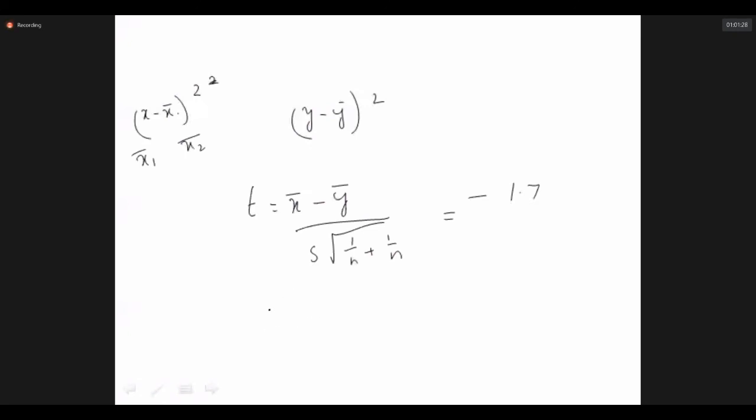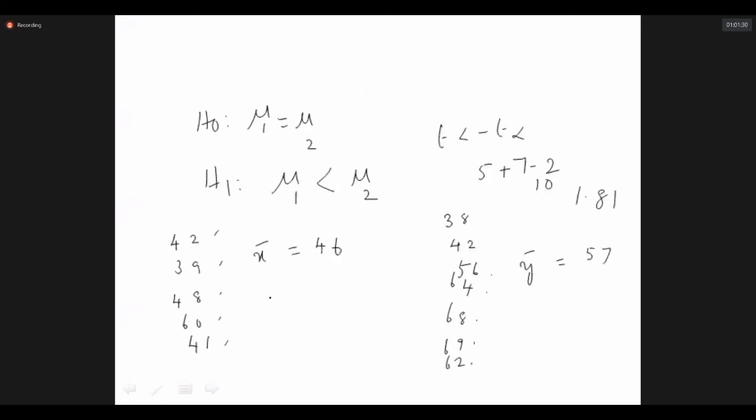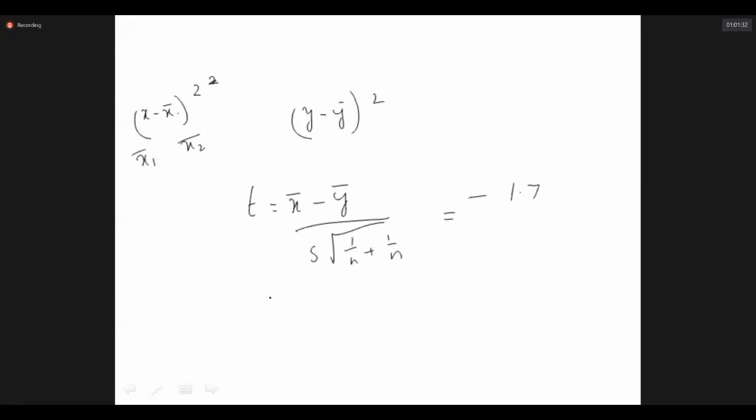So T is minus 1.7, and what is the critical value? Minus 1.81. Minus 1.7 is greater, not less than minus 1.81.